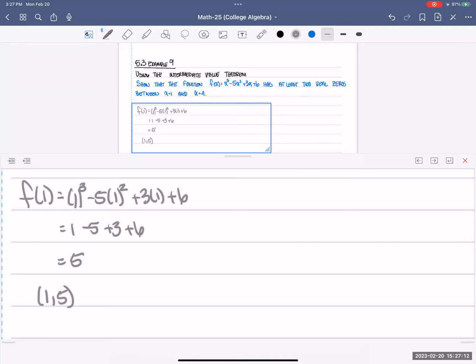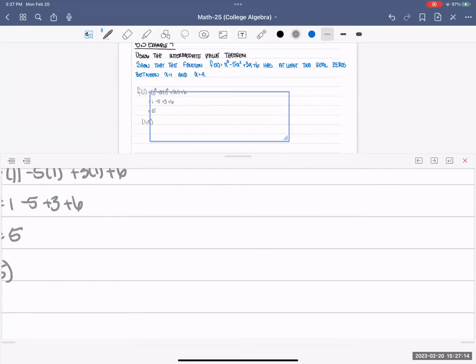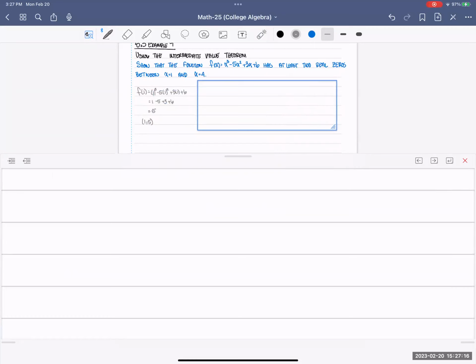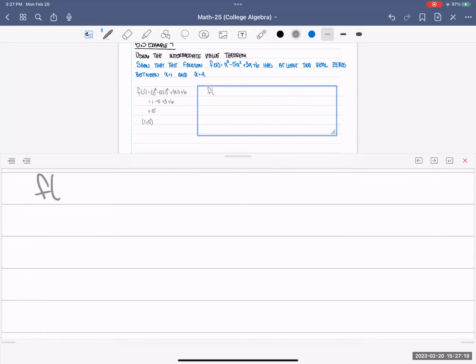Let's look at the next one. Let's say f of 4, the opposite endpoint. Everywhere we see an x, we're going to plug a 4 in. So we have 4 cubed minus 5 times 4 squared plus 3 times 4 plus 6. So 4 cubed, that's 64.